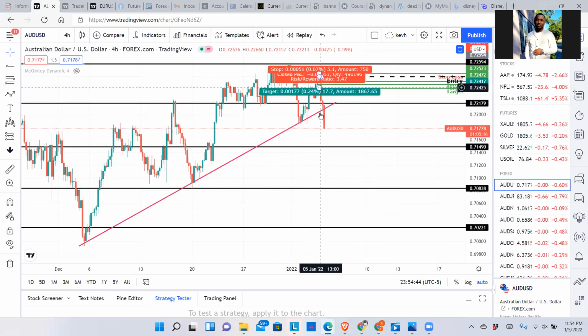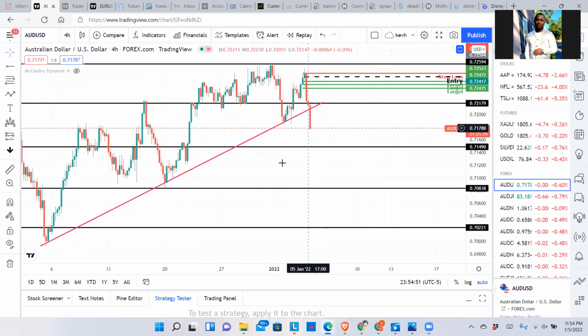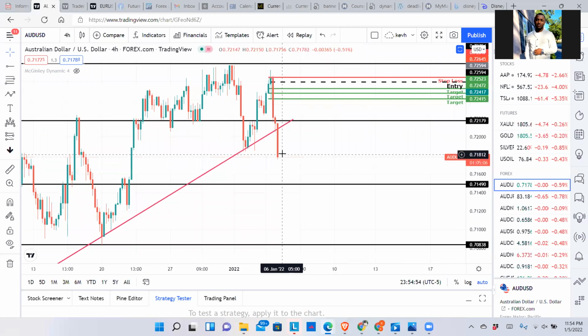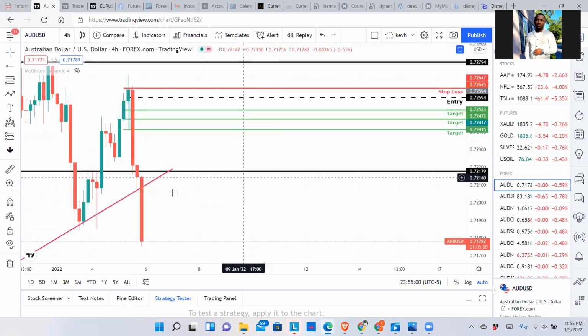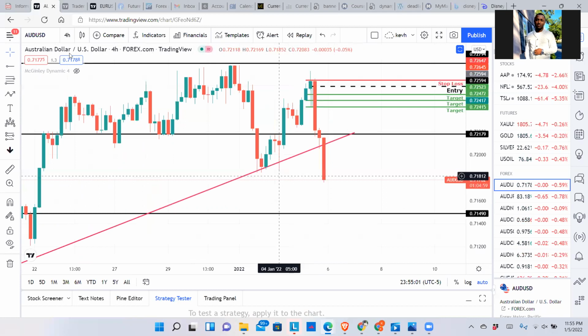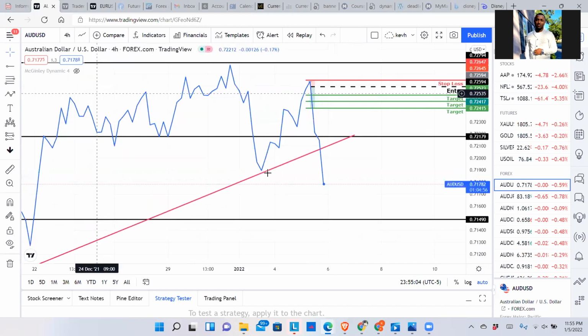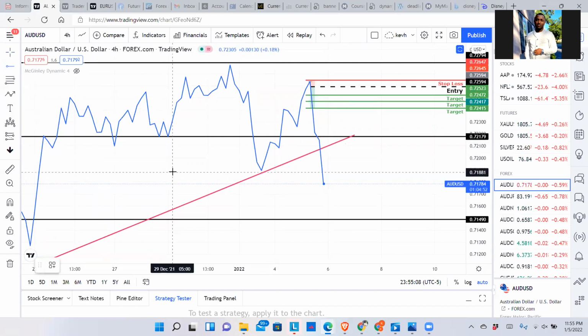So we see the break of structure in the two areas. So I'm just going to mark it up real quick so that we get some more accurate numbers. I don't want to use one that is not close to KOT. That would just mess us up.